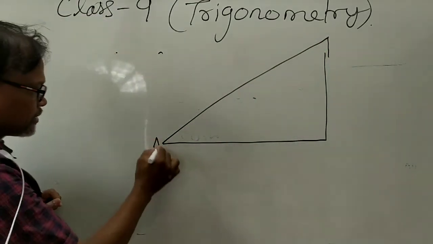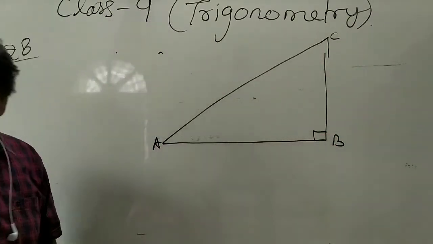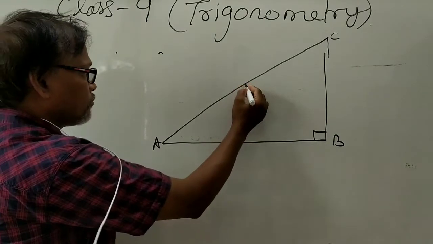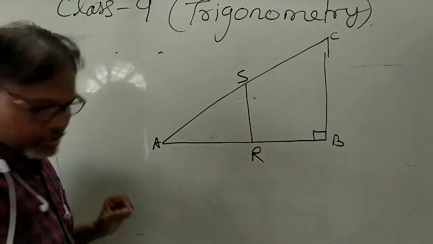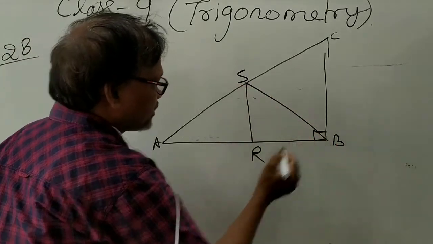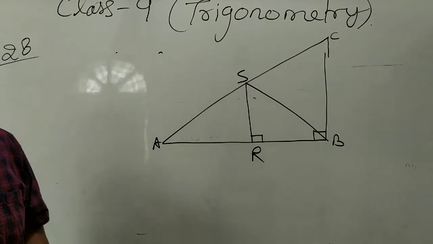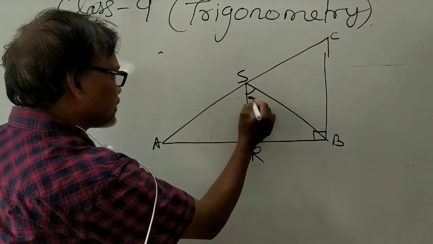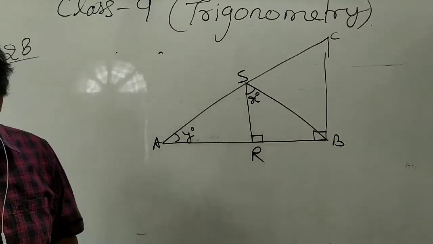ABC is the right angle triangle at B. And one more line is there, SR, and from S, B is joined. Then R is also a right angle. This is X degree, this is Y degree, means angles are there.